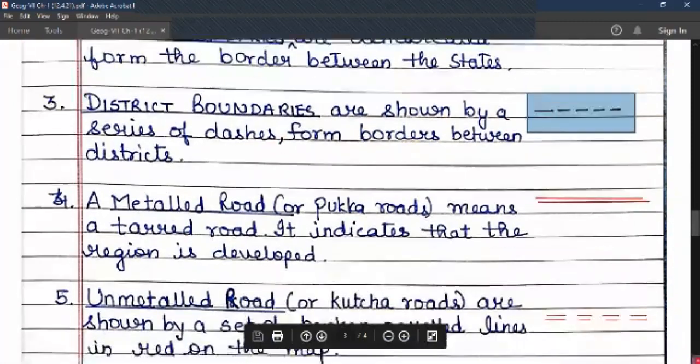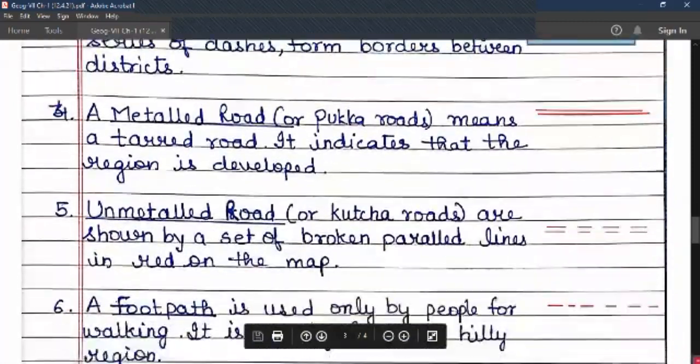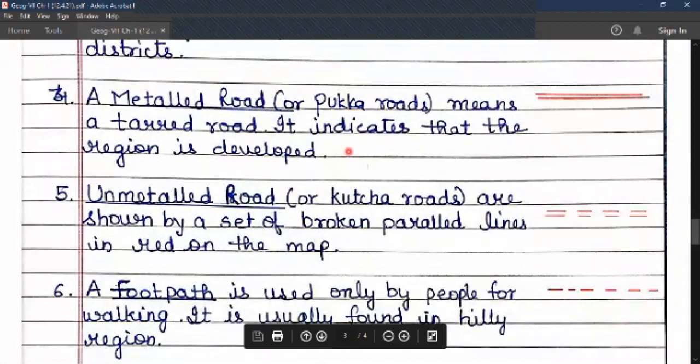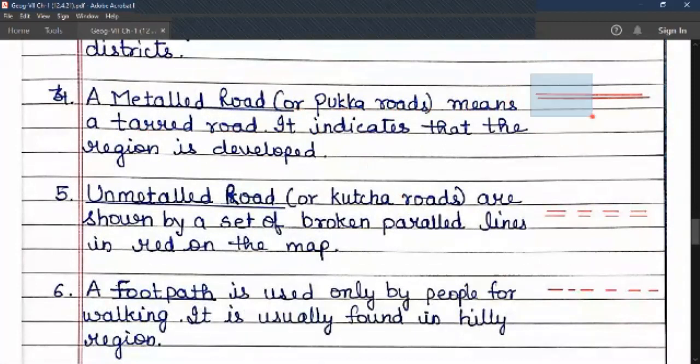Number four is a metalled road or pakka road, means tarred roads. It indicates that the region is developed. A metalled road is shown with the help of two parallel lines shown in red color.